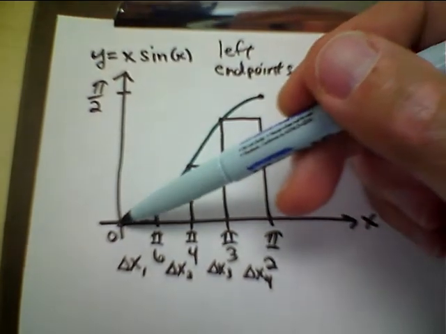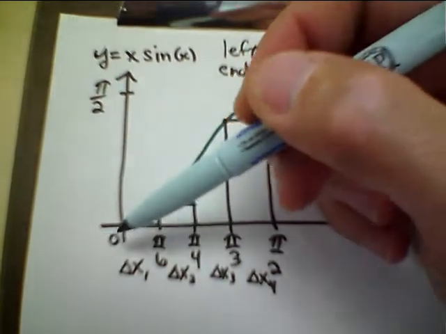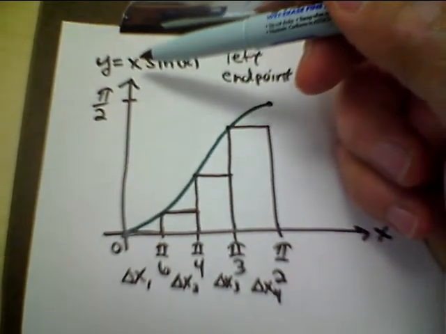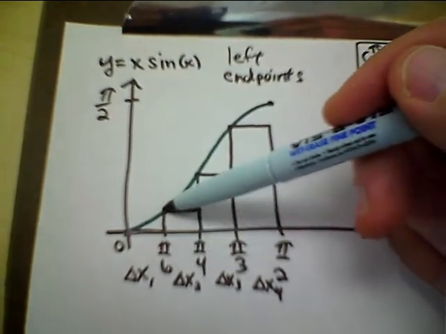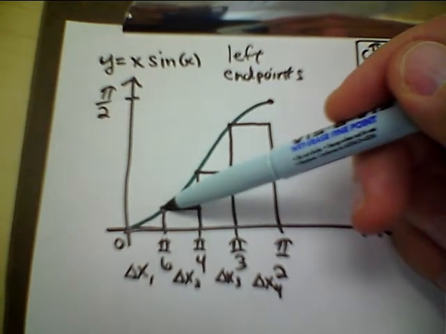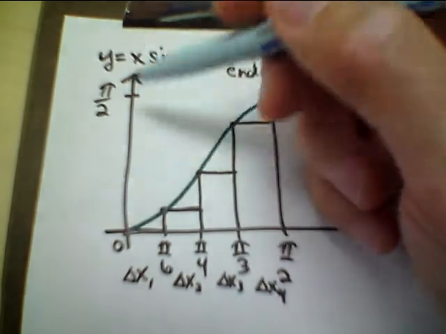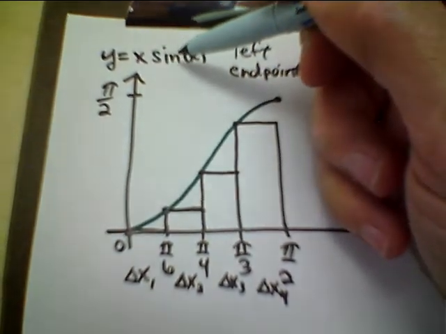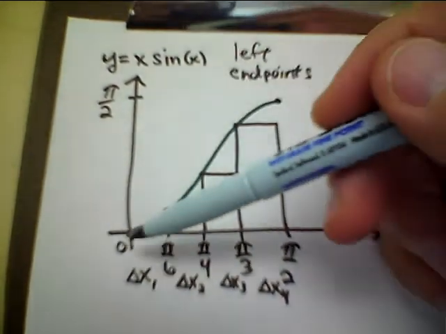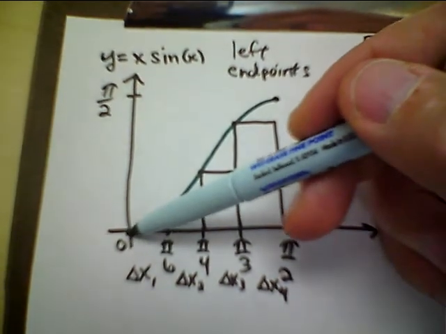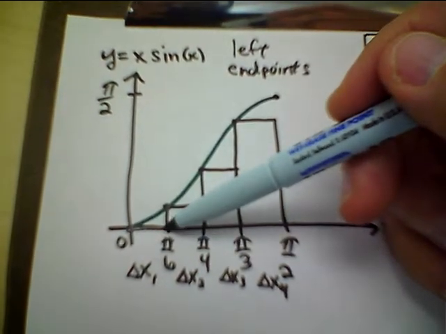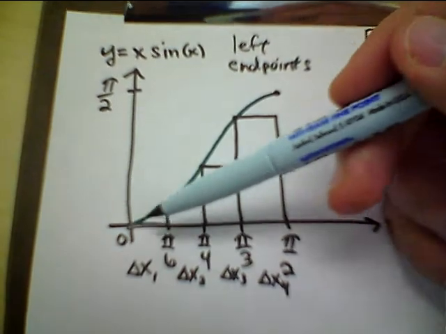Now to get the heights of these rectangles, you plug them into the function. That will give you the y value, because the height is given by the point on the curve. So in this first case, it's going to be 0 times sine of 0. That'll give you the height, and you multiply that by the base, and that'll give you the area of this rectangle.